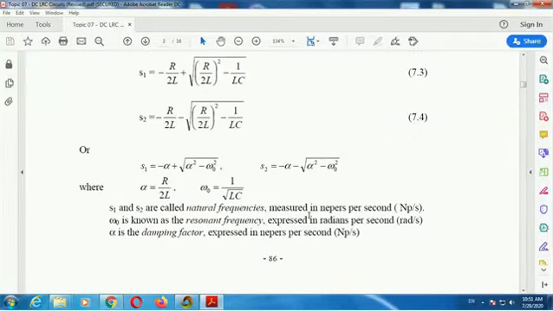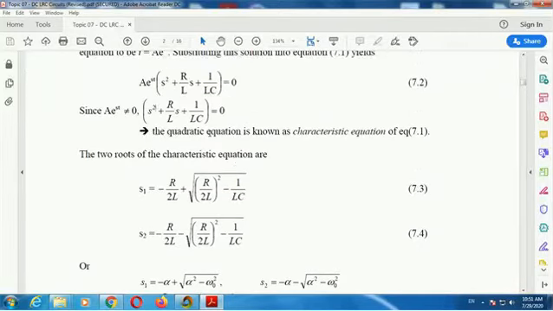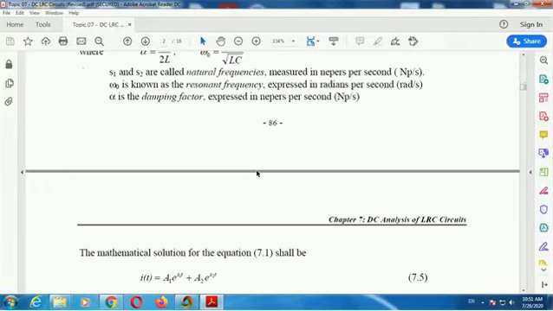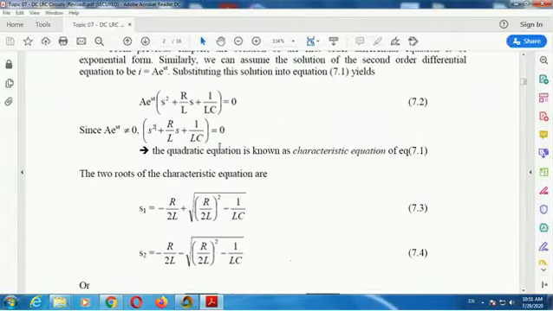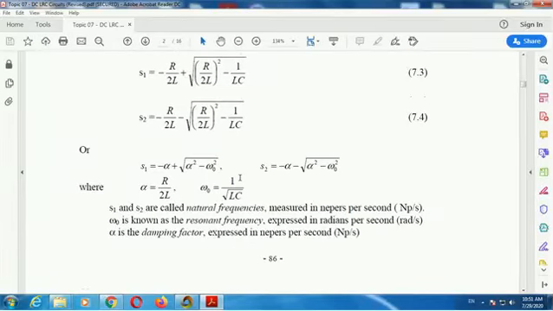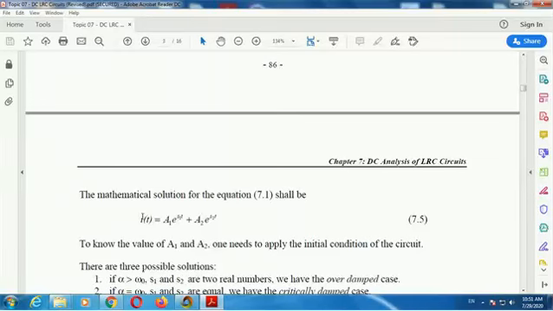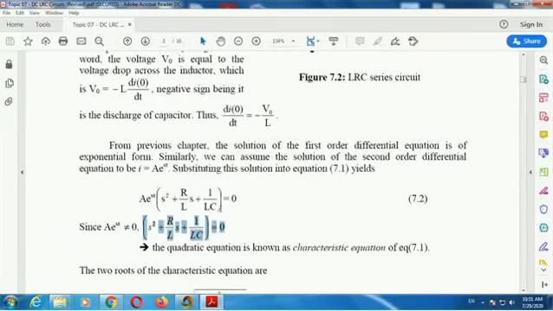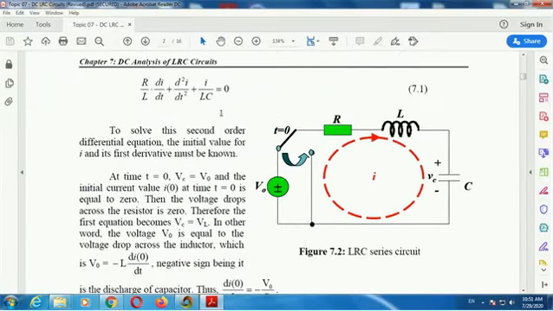Then the solution for this equation is I of t.